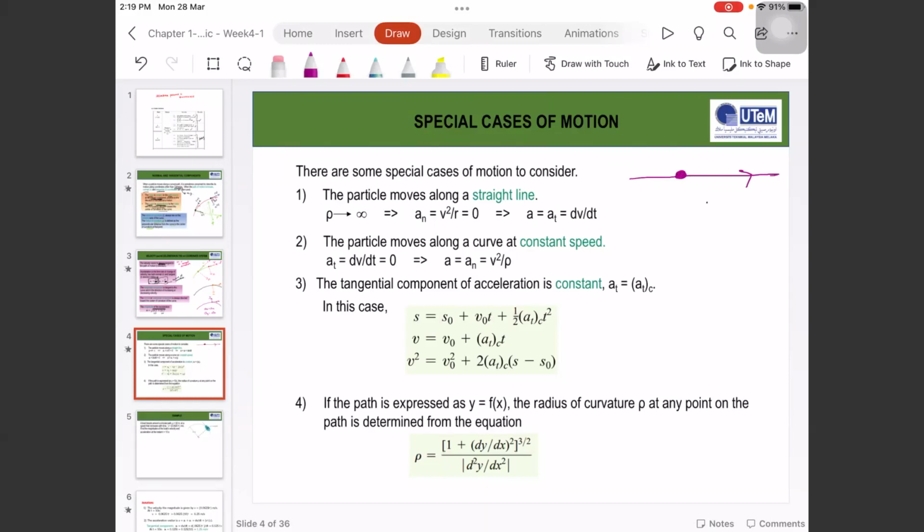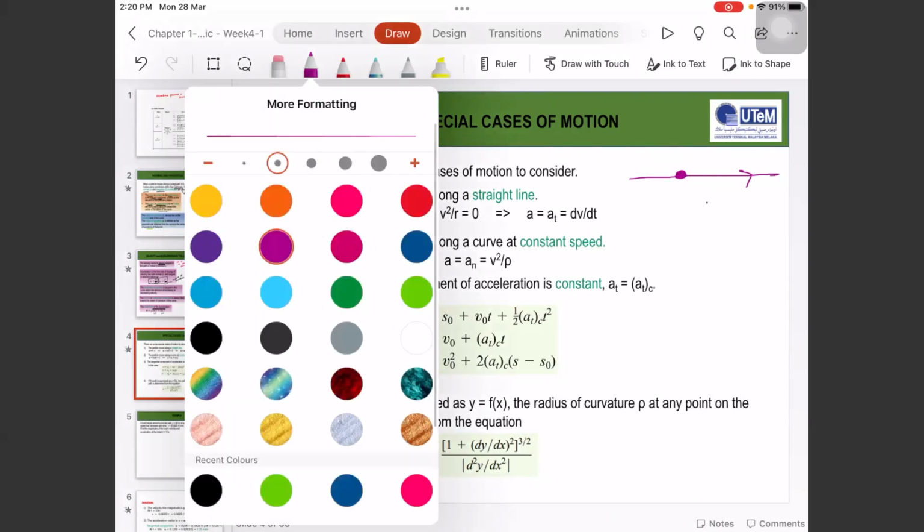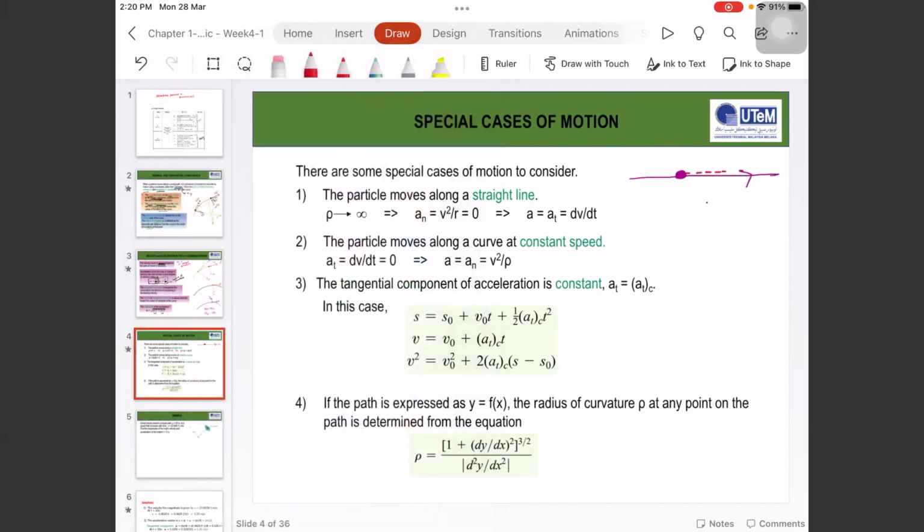What is A normal? Actually there is also a tangent, and then you have the normal. So what is the value of A normal? A normal is v squared over rho, right?